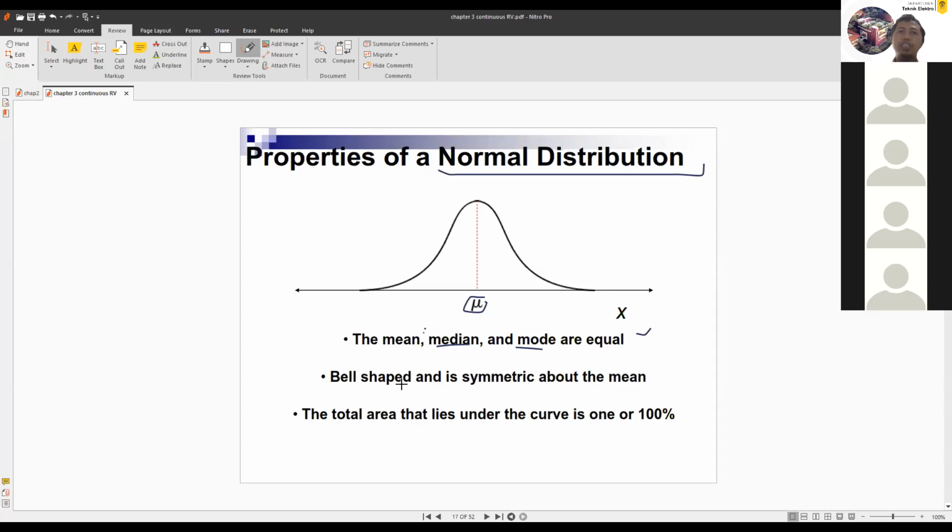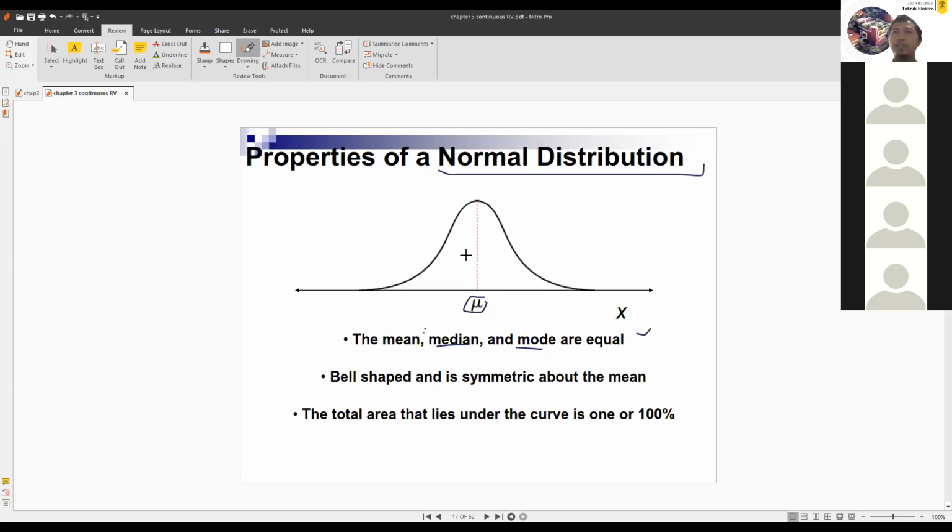Second, it is bell shaped and symmetric about the mean. The red dashed line here is like a mirror between the left side and the right side.